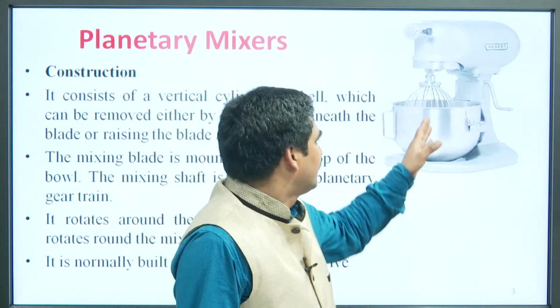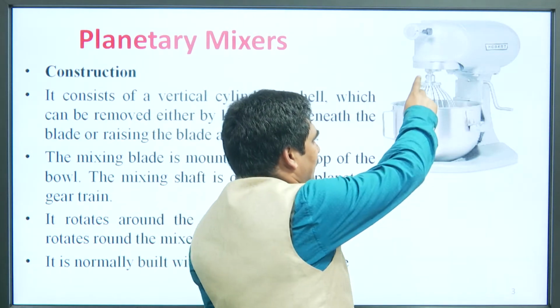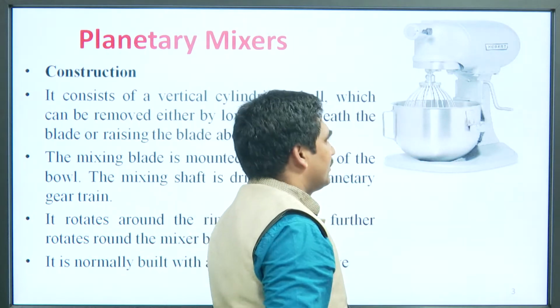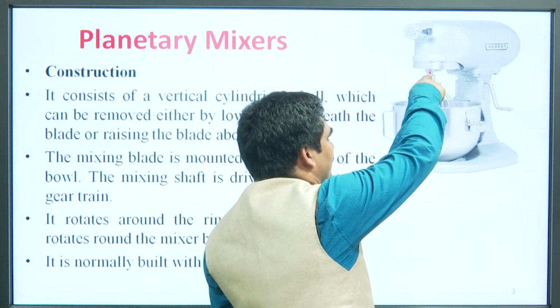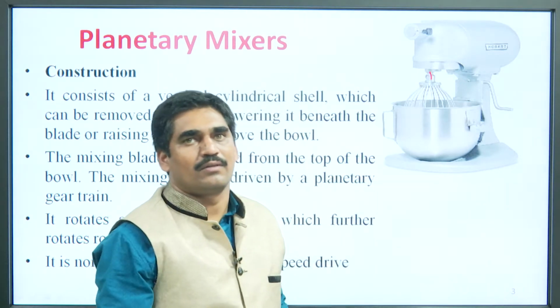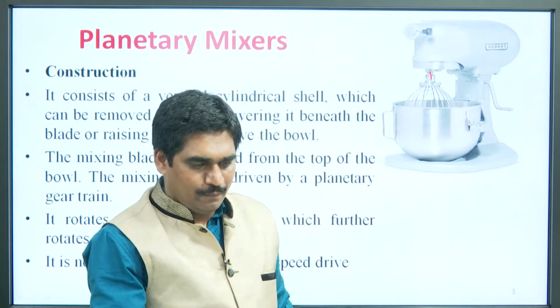As shown in the diagram, these are the blades of the mixer. They move on their own axis as well as the central axis, so that they reach every corner of the vessel.